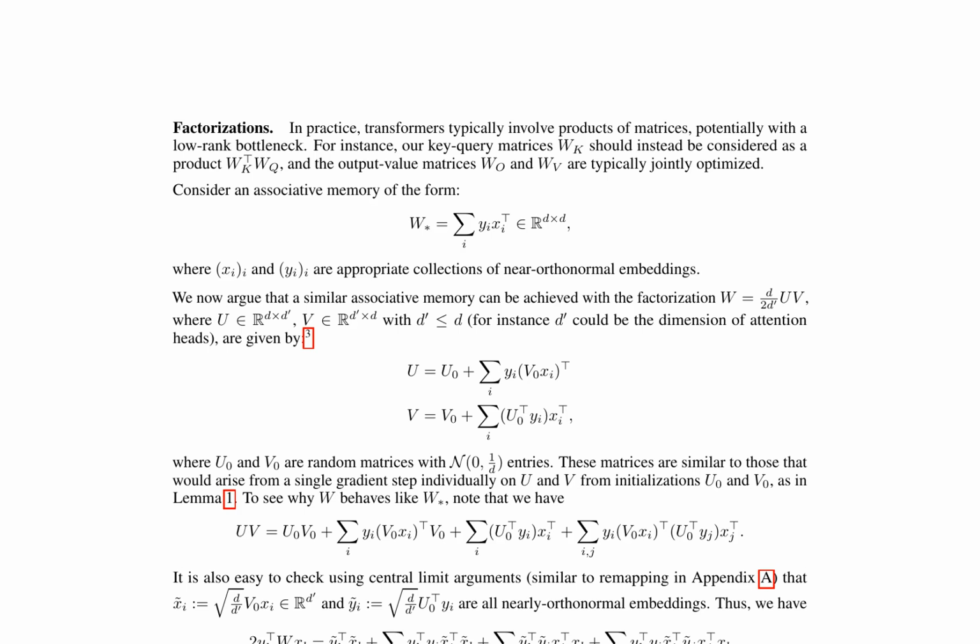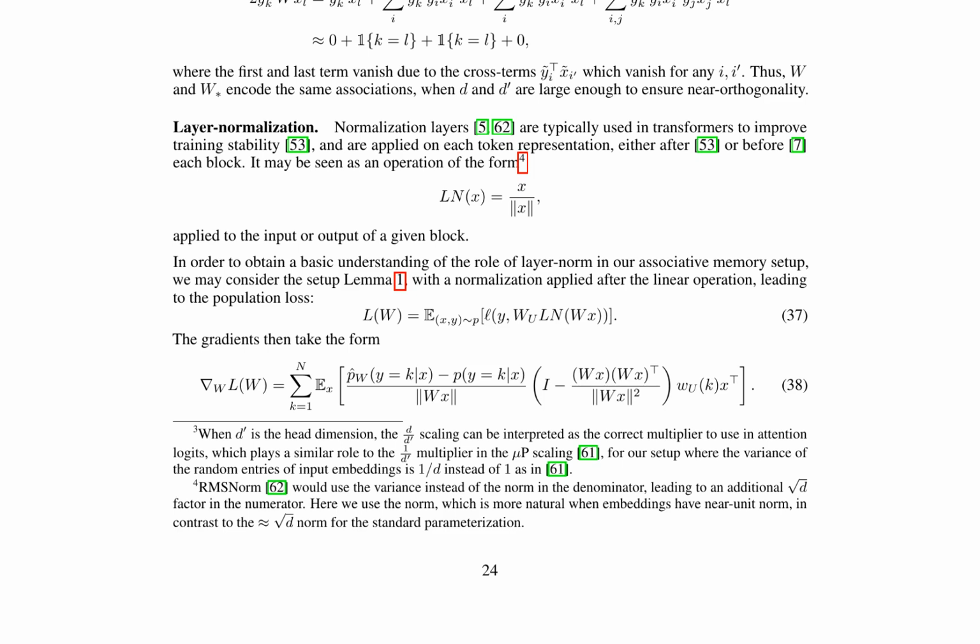The authors also discuss the role of layer normalization in transformers. They show that layer normalization can be seen as an operation that normalizes the input or output of a given block, and it is typically used to improve training stability. The authors derive the gradients of the loss function with respect to the model parameters, taking into account the layer normalization operation.